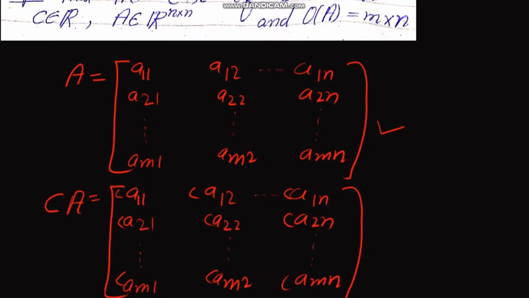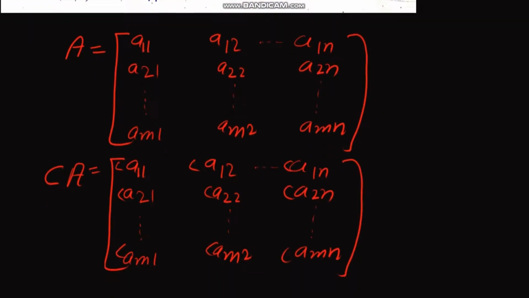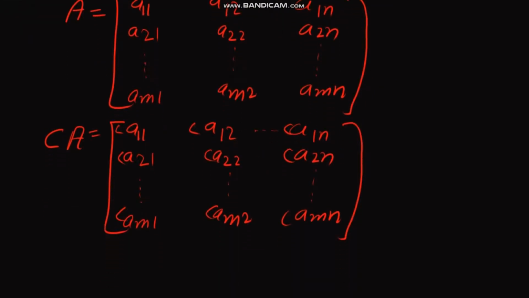When I multiply c by a, basically I am multiplying this c with every element of a. The order of matrix a is m by n, then the number of elements in this matrix is also m by n, right?